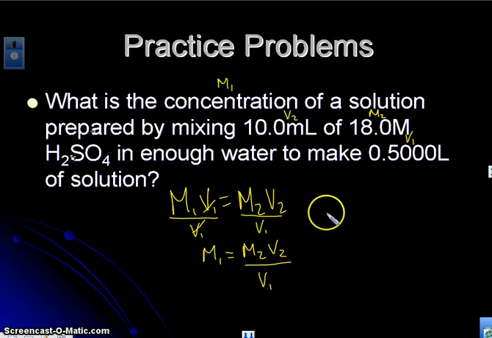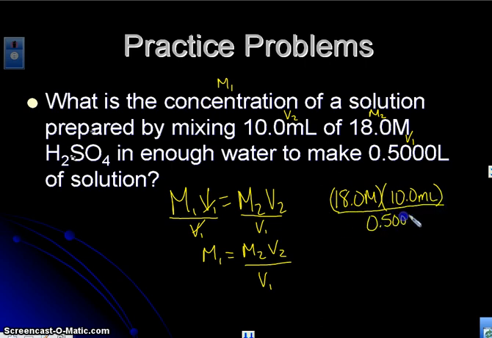Now we can go ahead and set it up with the numbers. We have 18.0 molarity and 10.0 milliliters, and then we want to divide by our V1, which is 0.5000 liters. You can see right away that we're going to have a problem.